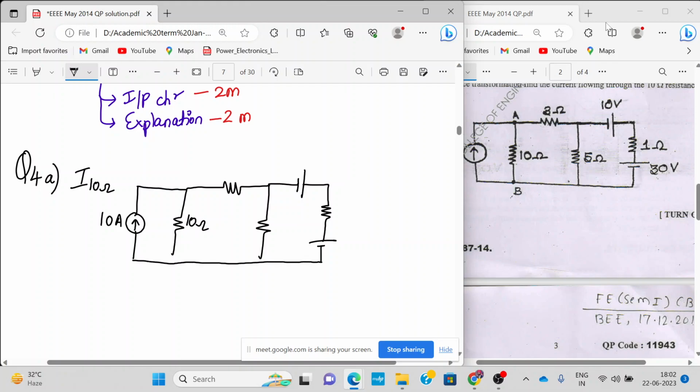For DC networks, DC circuits, you have to always draw the circuit again, mostly. Okay, this is 3 ohms actually. So I hope you are drawing the circuit along.